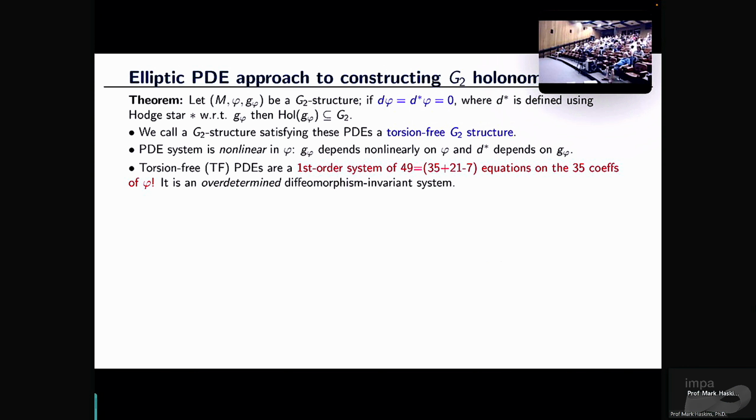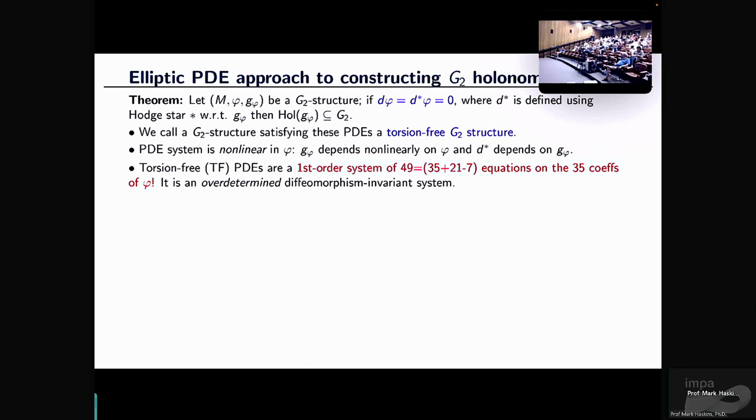Under some good circumstances, some topological restrictions, we can actually force, in many cases, the holonomy to be the full G2. So we'll call such a G2 structure satisfying that system of PDEs a torsion-free G2 structure.